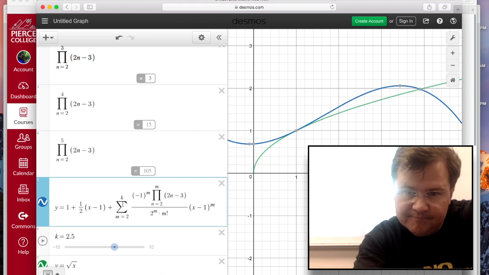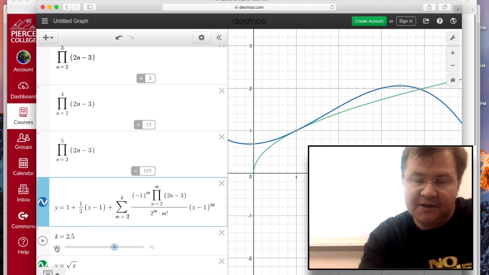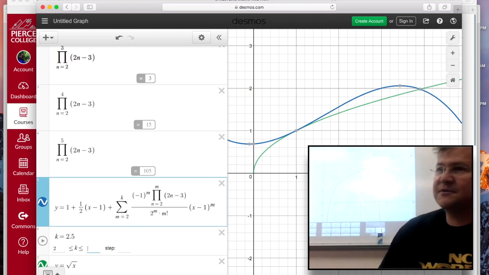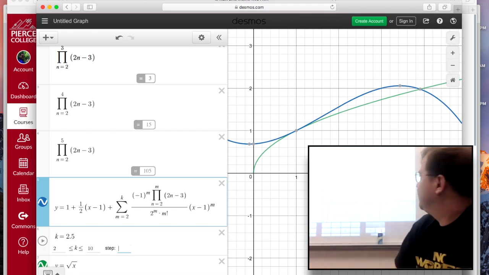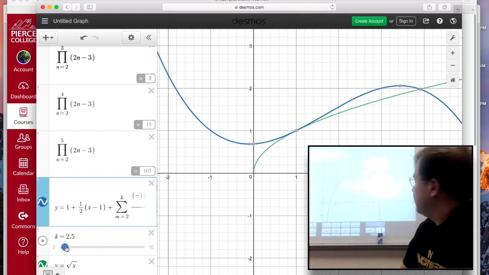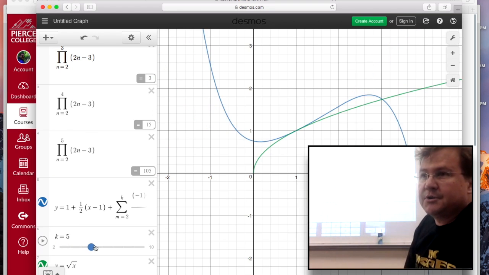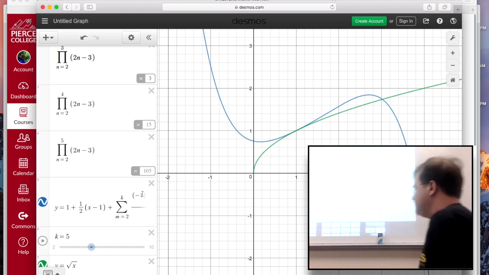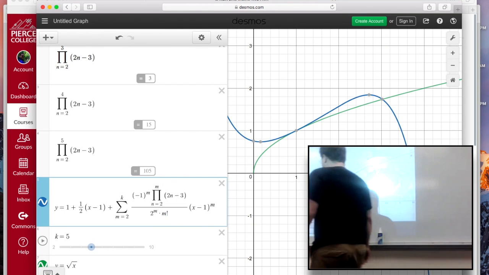Yeah, it's a kind of complicated formula, so there's a chance I could have typed something wrong too. But hopefully I didn't. That's the idea, it's supposed to follow it pretty well. All right.